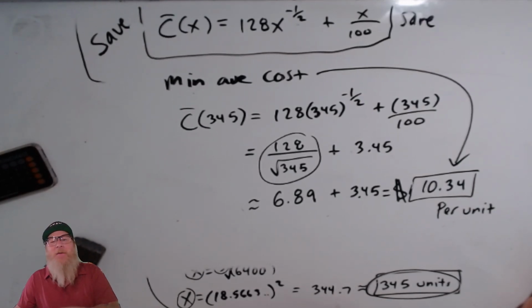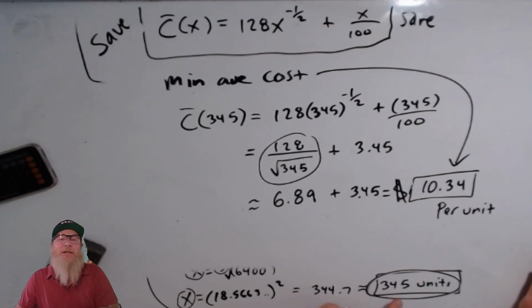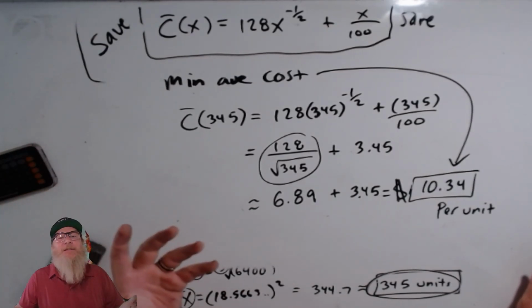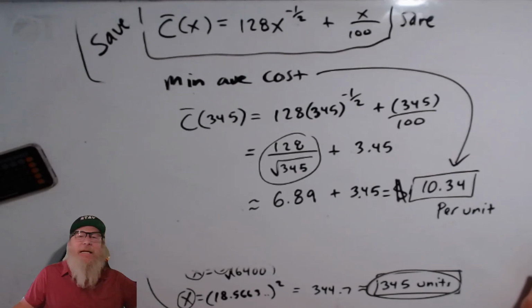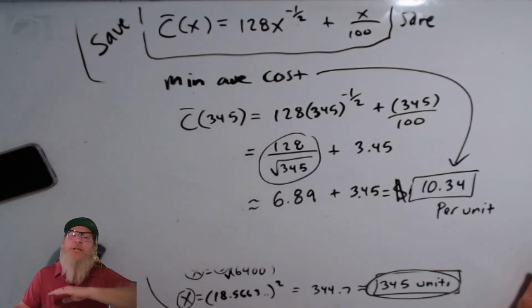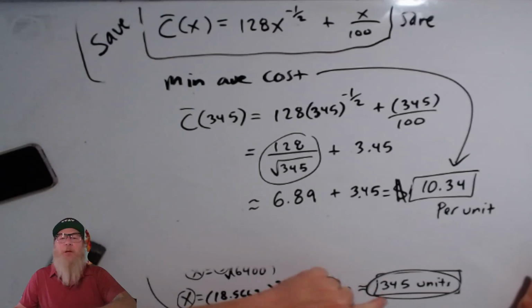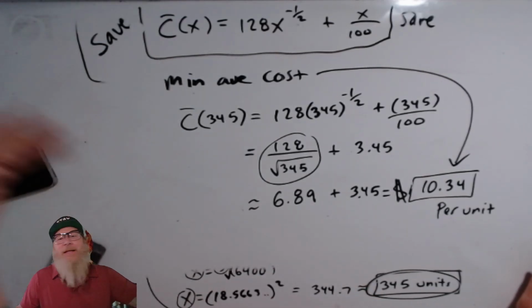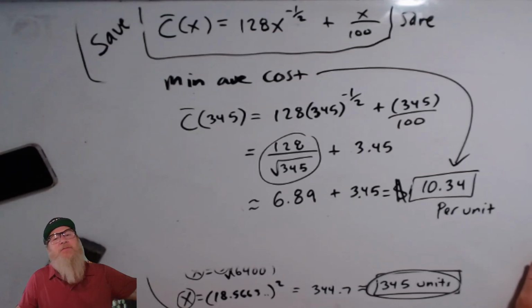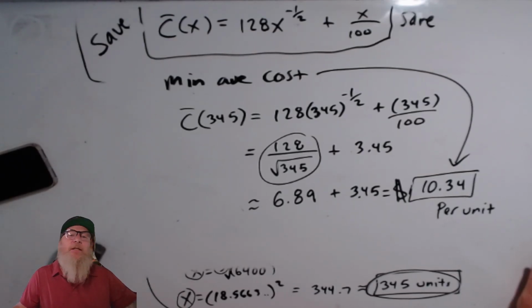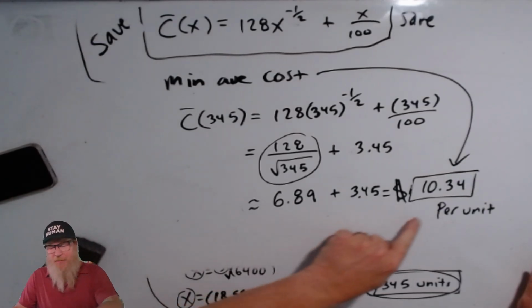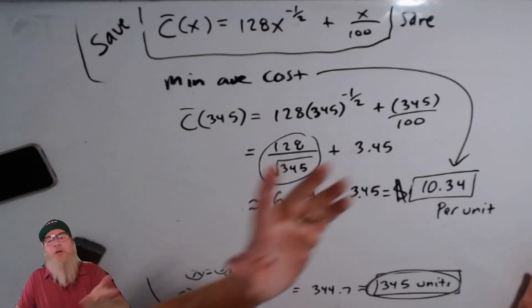If you want to know how much it costs to order or produce this many units, you've got to go back to the very beginning of the problem, before we did the average, before we did the derivative, and plug in 345. We did that in a previous chapter, right? That's just called finding the cost. It's a lot of money, trust me, right? But this tells you how much money it is per unit.